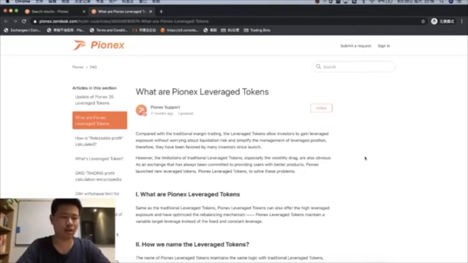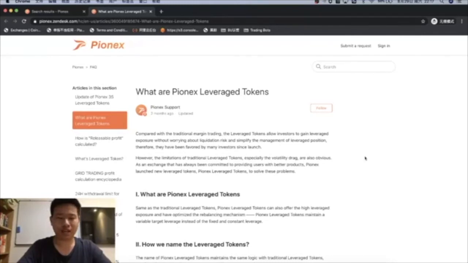So we have a new mechanism: if the Bitcoin price has gone up 20% and the leverage tokens have been rebalanced once, and then the Bitcoin price continues going up, we won't rebalance twice in 24 hours.